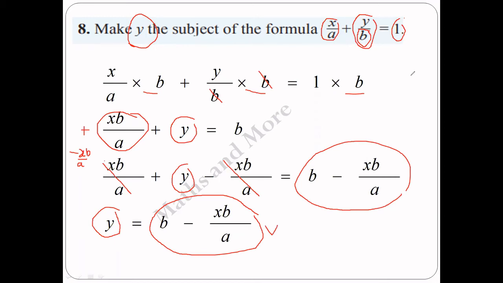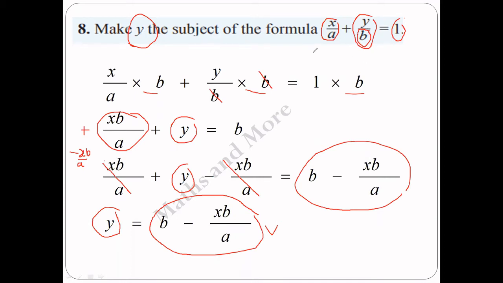Okay. Previously, when I was talking about this, I told you there's another method. So what is the other method? You want to take Y as the subject, no?